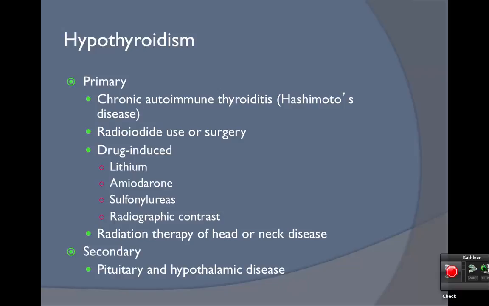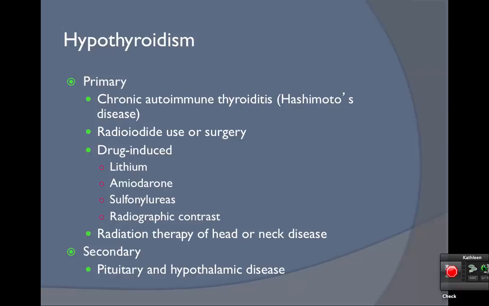Hypothyroidism. The primary cause of hypothyroidism is chronic autoimmune thyroiditis, also called Hashimoto's disease. Radioiodine use or surgery can cause hypothyroidism. That's always the risk when you treat hyperthyroidism.